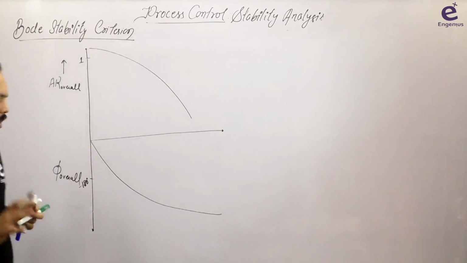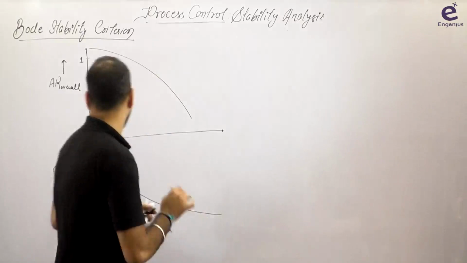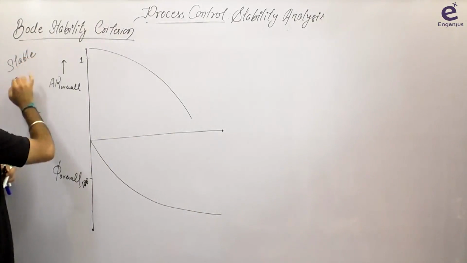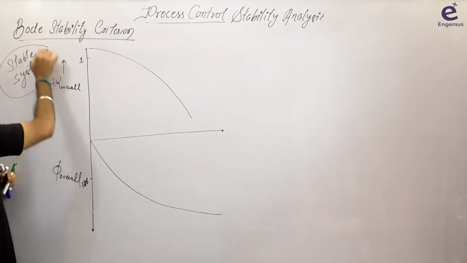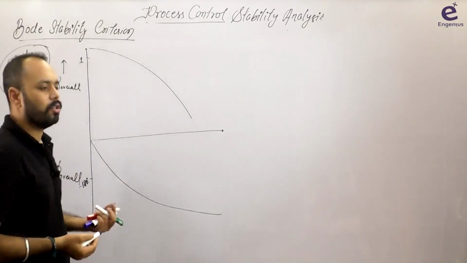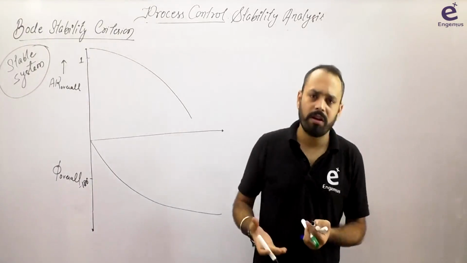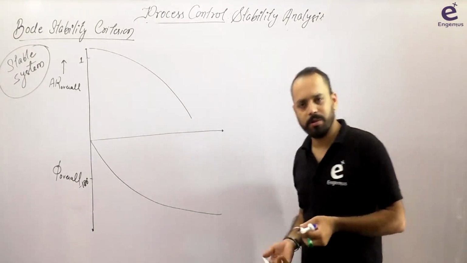Please note that here I am showing you the graph of a stable process, stable control, right? This is a stable process. You know that for a stable process, what is the criteria? Stable system. Because at a time, मैं आपको या तो stable system का बता पाऊंगा या तो unstable. On this board, I can't show you simultaneously what is stable and what is unstable. At a time, I have to select a particular system and I have to assume the stability. So suppose the system is stable.